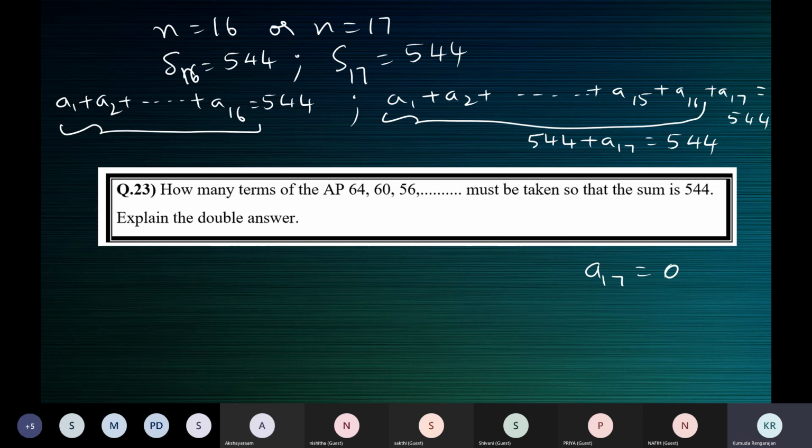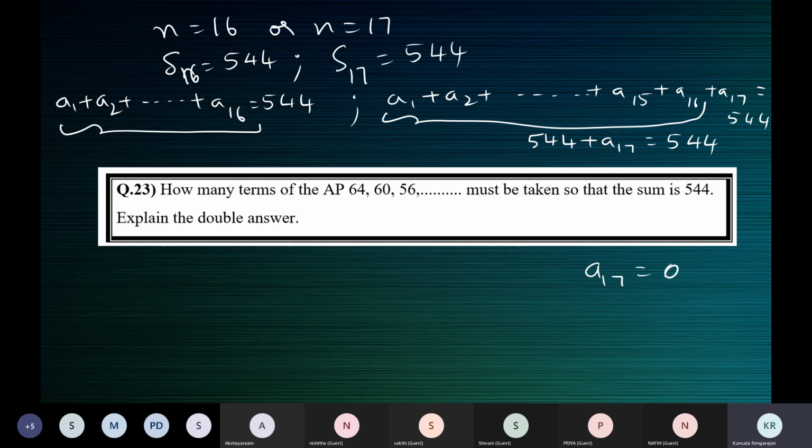You want to add something to 5, but get the same sum 5. How is it possible? That means you should add 0. Other than 0, if you add anything else to 5, the value will change. So if you add 0 to 5, the sum is again 5.